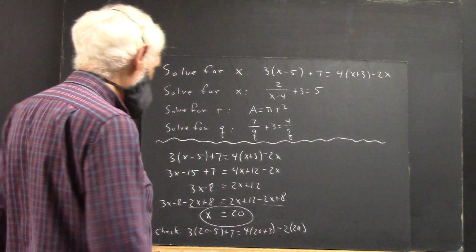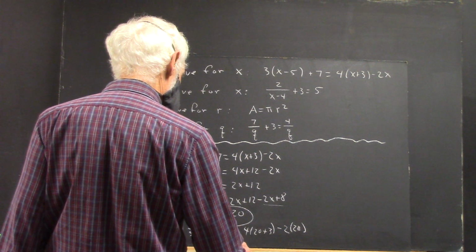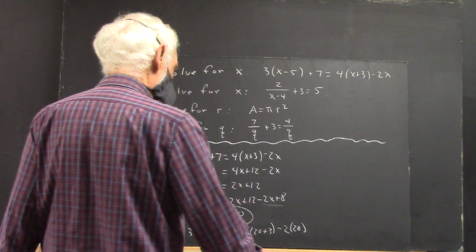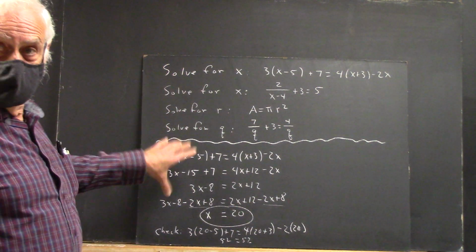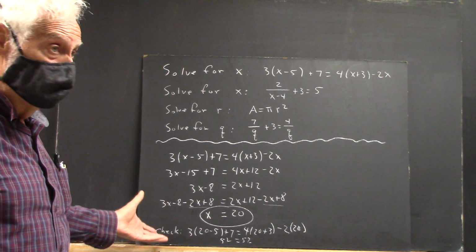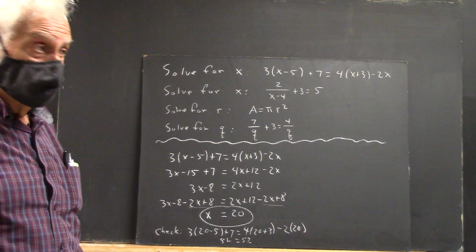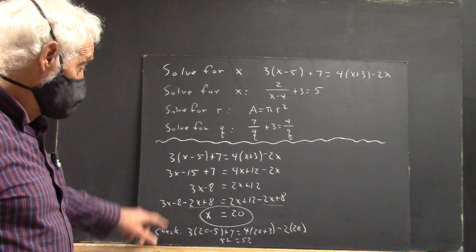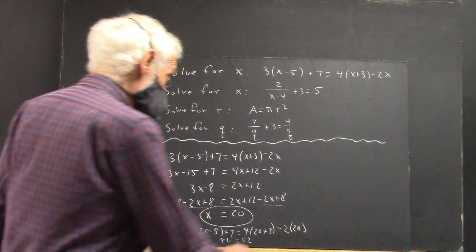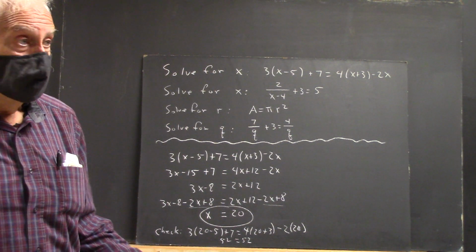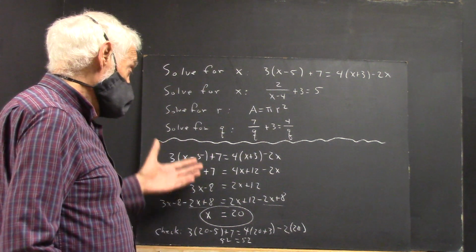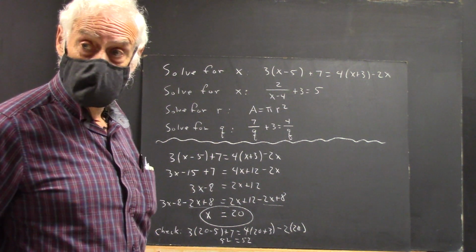Okay? So this comes out 52 equals 52. And now, if you're on a test, you're going to have time to do this. You're sure, at least 99% sure, that you've done it right. You do have to show the steps, but you can abbreviate the steps kind of like I've done.